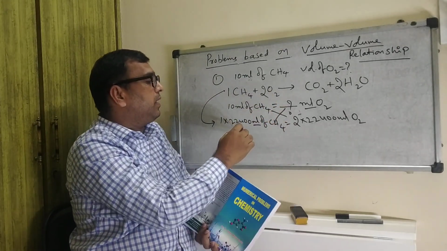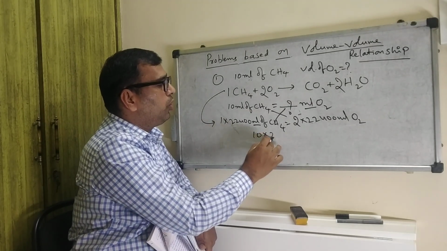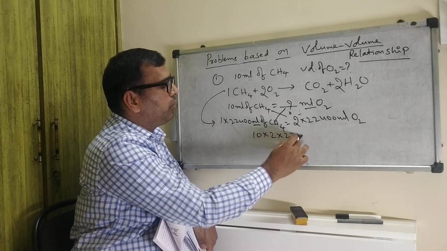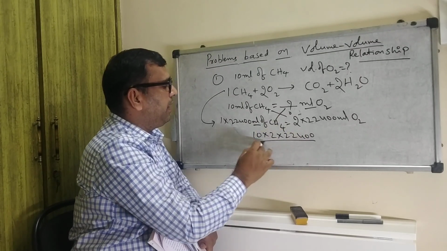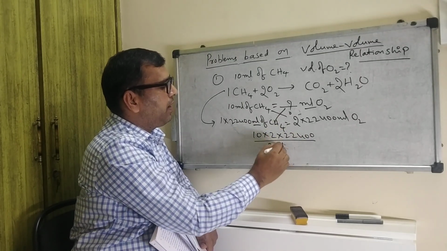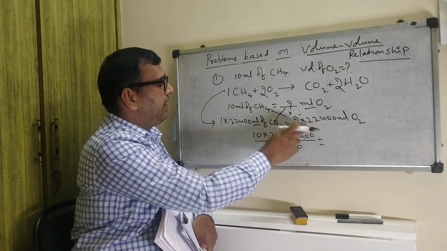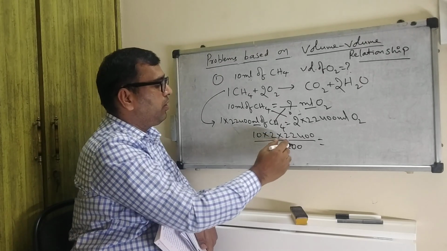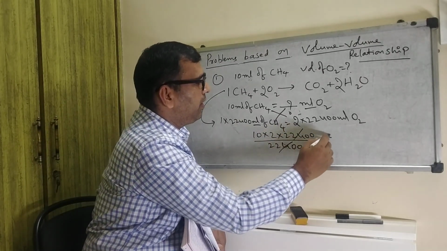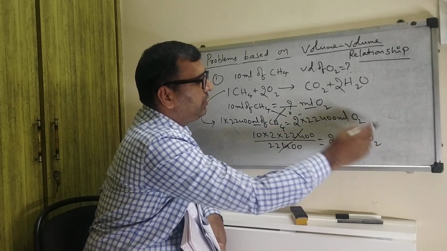Then crisscross. So naturally you will get 10 into 2 into 22,400 ml divided by 22,400. Then automatically this into this divided by this, so you will get 20 ml of oxygen.